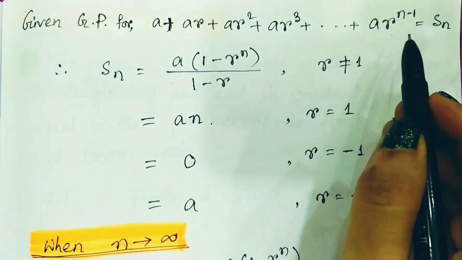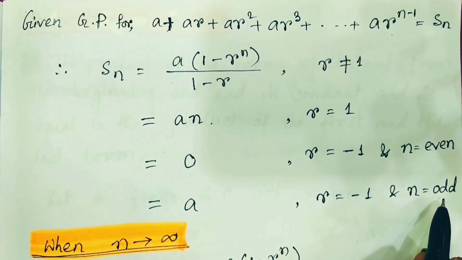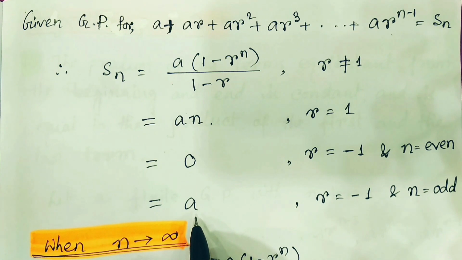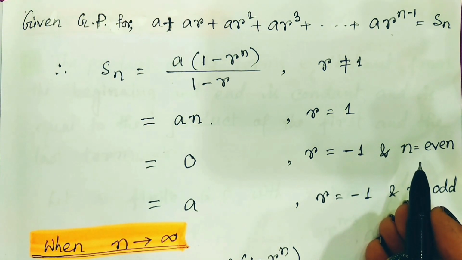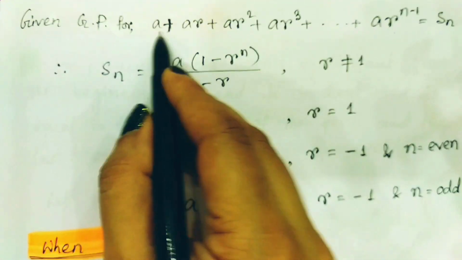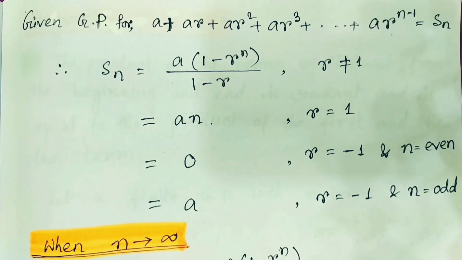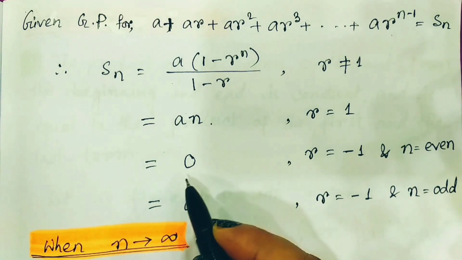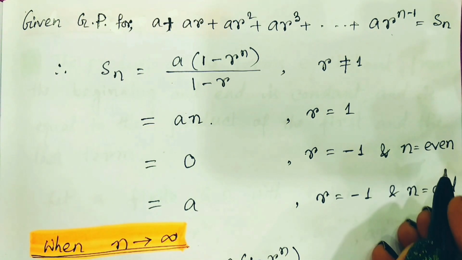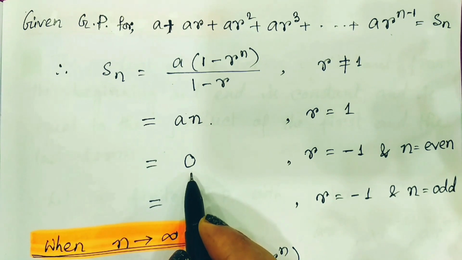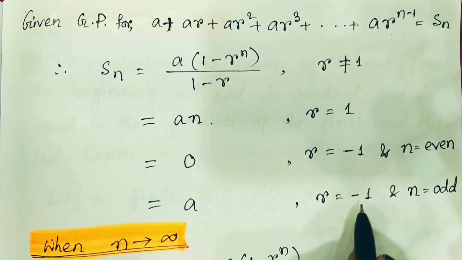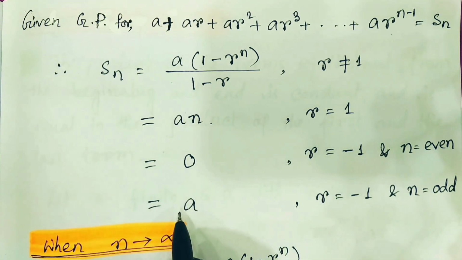If n is odd, then one a will remain and we will find this summation is a. And if n is even, then the total number of plus 1 terms and minus 1 terms will be the same, so they will cancel out, and finally we will get the value 0 if n is even. So when r is equal to minus 1 and n is even, then Sn is 0, and when r is equal to minus 1 and n is odd, then Sn is equal to a.